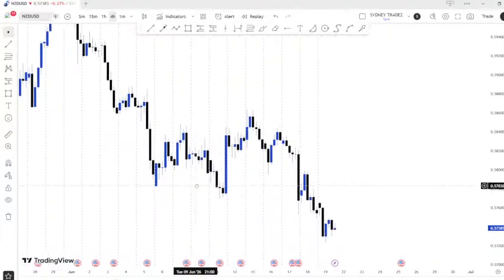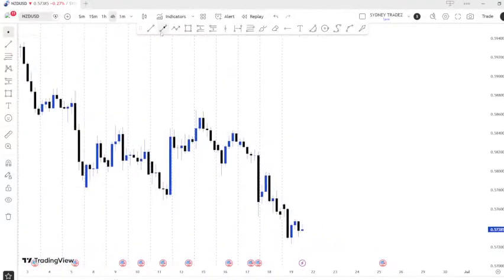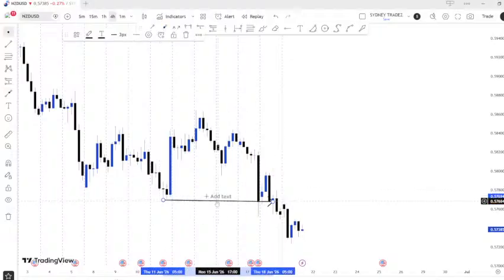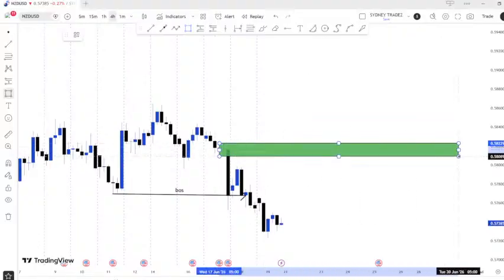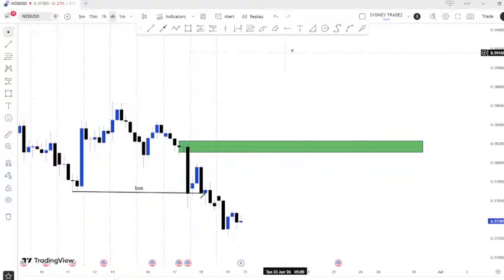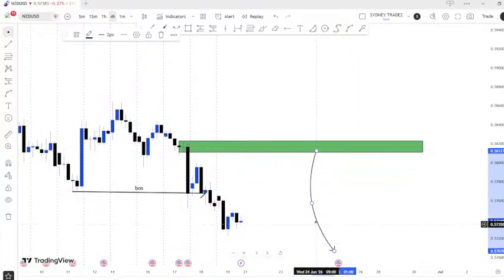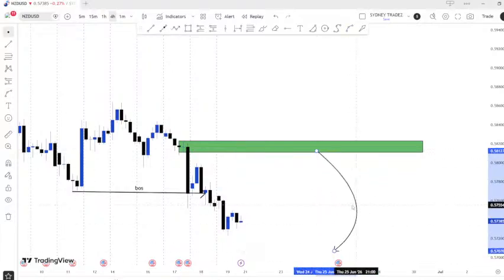In the 4-hour time frame, NZUSD is actually breaking structures to the downside. You can see here, this is our previous break of market structure to the downside. So all we need is to wait for price to retrace to these levels. This is a supply zone where price is most likely to retrace from, and then price will simply bounce off from that level.